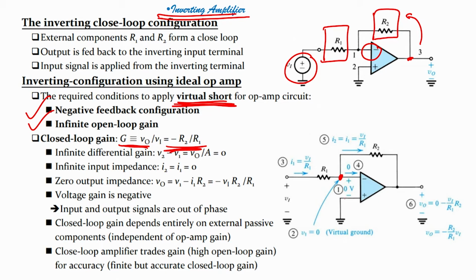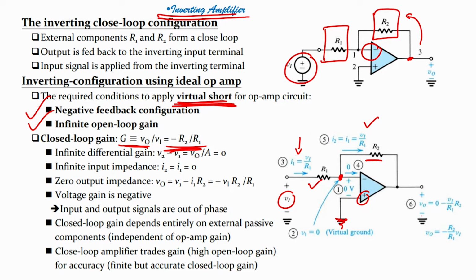We have seen the concept of virtual ground, because the non inverting terminal is grounded, the inverting terminal will also be considered as ground, a virtual ground. So, if I have a resistor R1 and I apply voltage V1, then the current flowing through R1 would be I equals V1 by R1. Similarly, the current flowing through R2 will be I2 equals I1 equals V1 by R1.